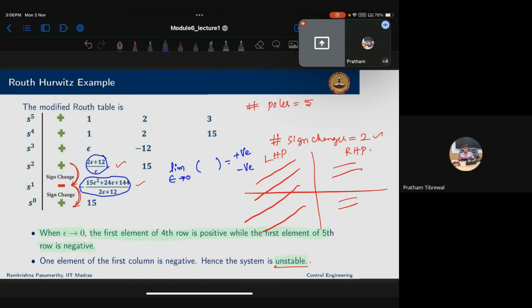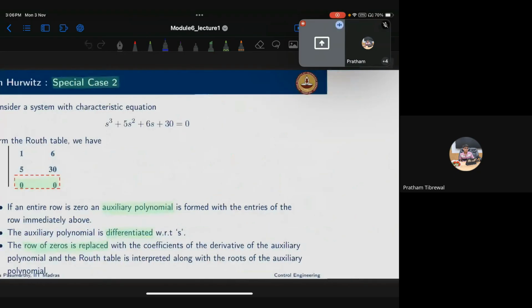So here this is positive, this is negative. Is this clear? This is true when we have a zero here. So that is special case one.